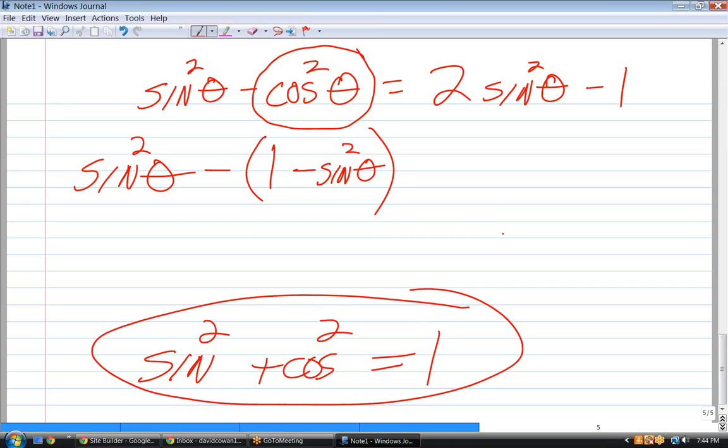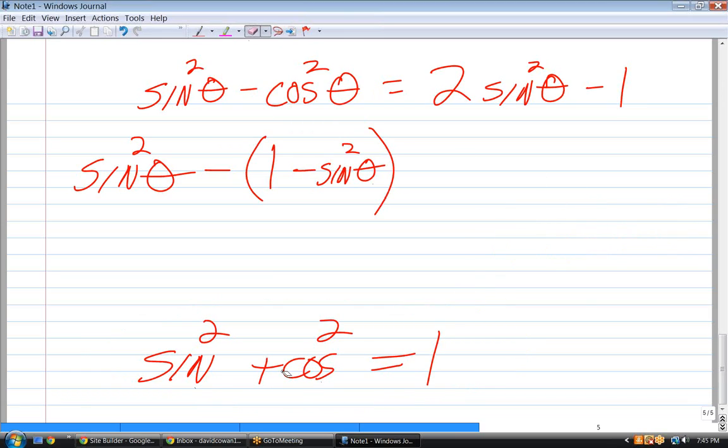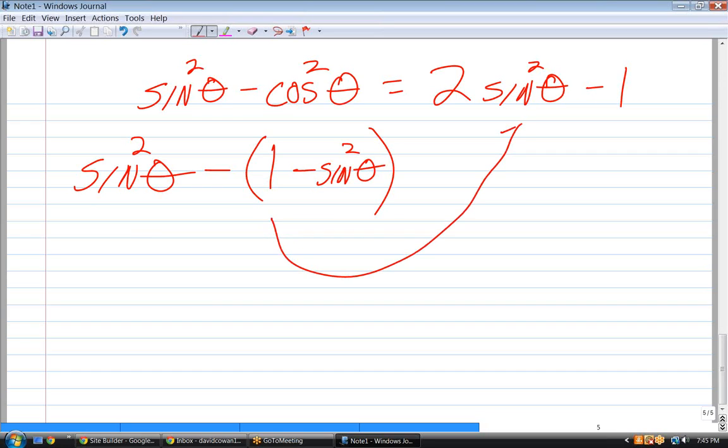Sometimes you're going to be given 1 minus sine squared, that's equal to cosine squared, and so forth. In other words, you'll be looking at algebraic manipulations of this equation. Now what do we have? We have sine squared theta minus 1 plus sine squared theta, or 2 sine squared theta minus 1. So that proves that.